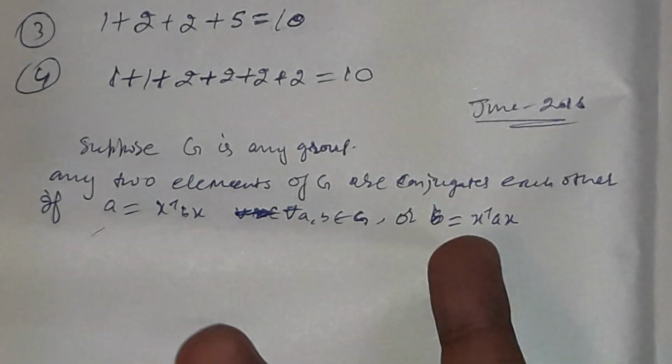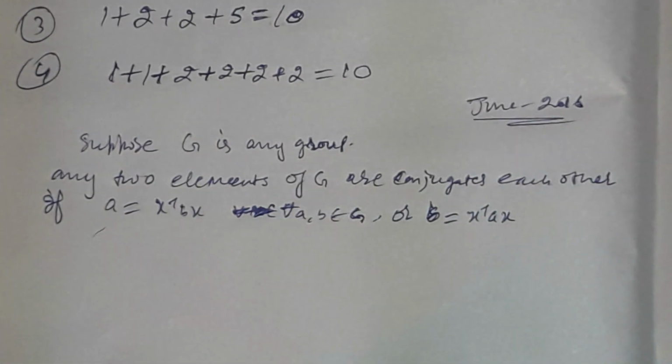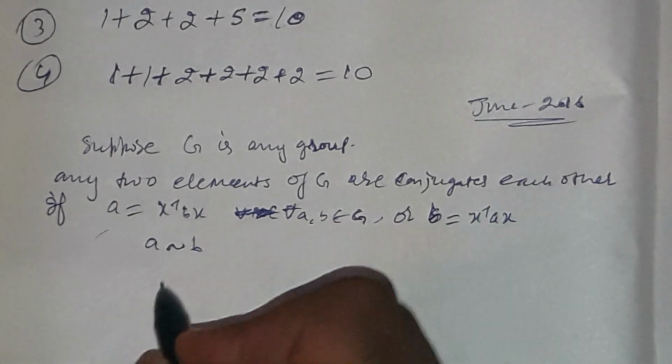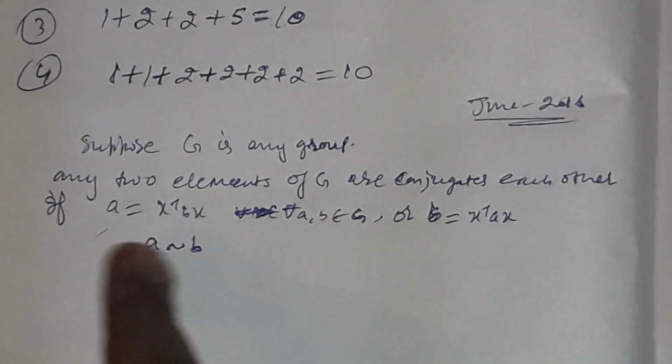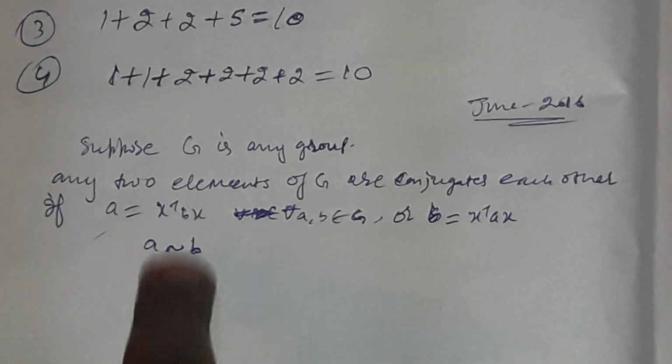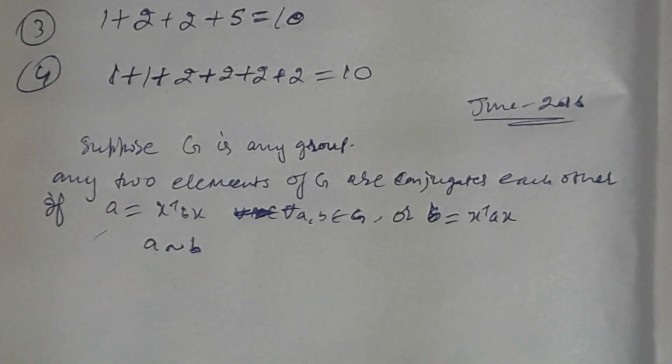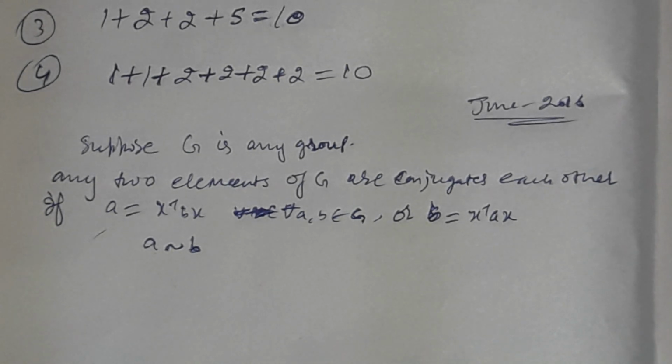Here A is conjugate to B, and this can be denoted as A conjugate to B. Why? Because this is the sign of an equivalence relation. The relation defined is an equivalence relation, that is reflexive, symmetric, as well as transitive.